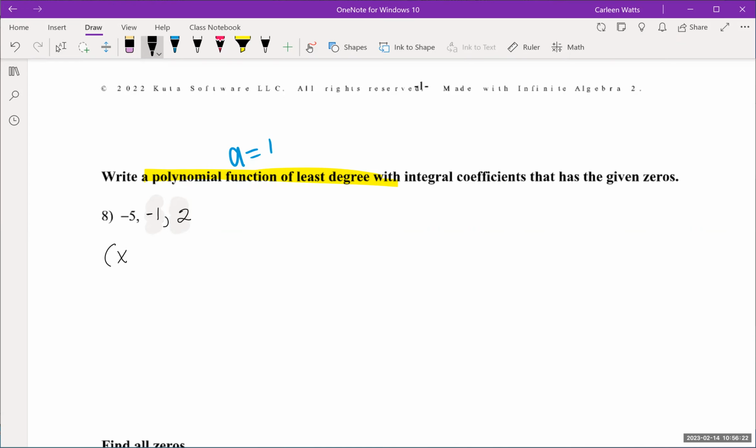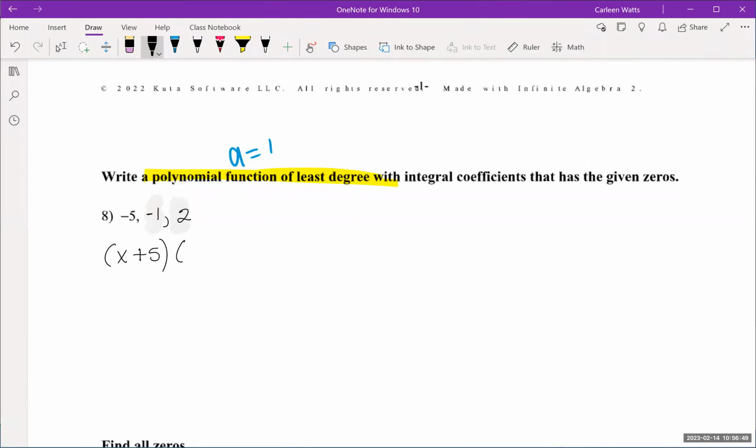Yeah, okay, I'm sorry. Cross off the fractions. And I want to do -5, -1, and 2. The fractions add one more step and we shouldn't have started with it. Sorry about that. Okay. So when the 0 is -5, the factor is x plus 5.